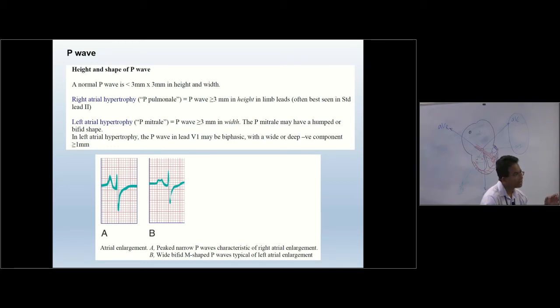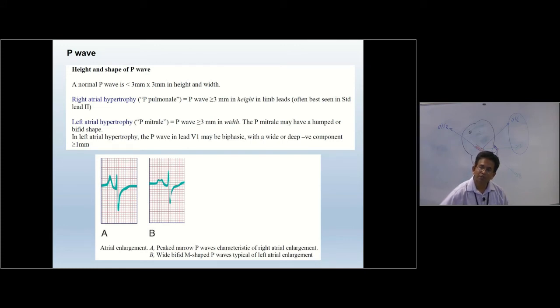That means the tricuspid valve is not closing properly, so every time the right ventricle contracts, some of the blood goes back into the right atrium. Again, the patient ends up with right atrial enlargement, and on the ECG they will show peaked P waves like the way given in diagram A.